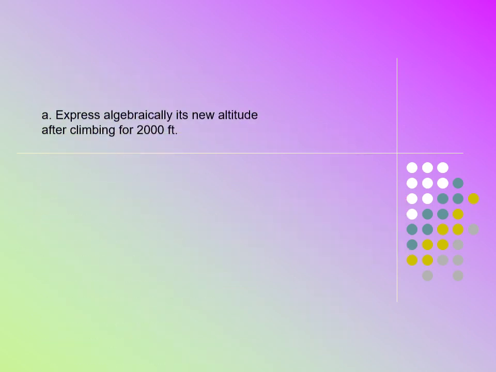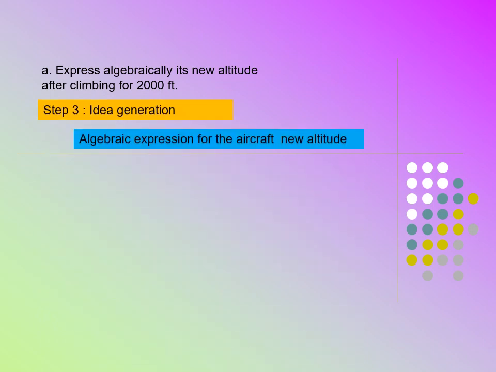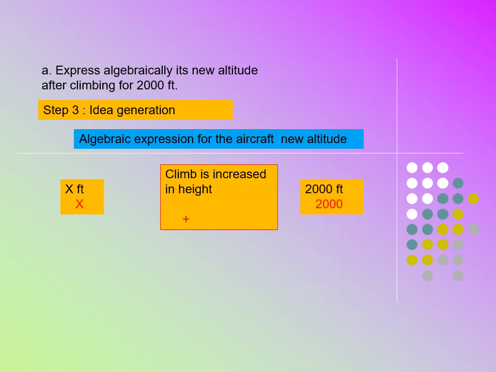So therefore, the algebraic expression for the new altitude is x plus 2,000. So you have now the final answer. This is now the algebraic expression, x plus 2,000.